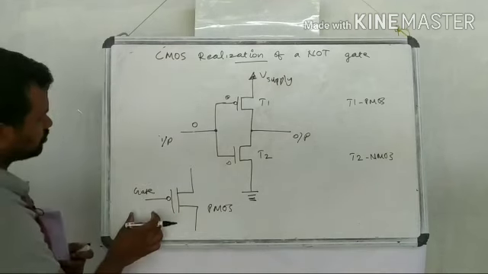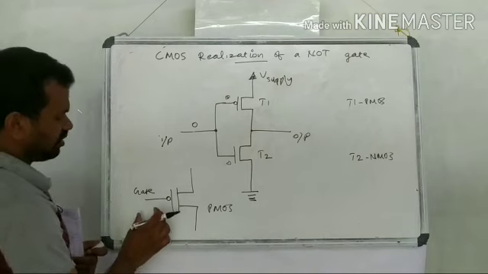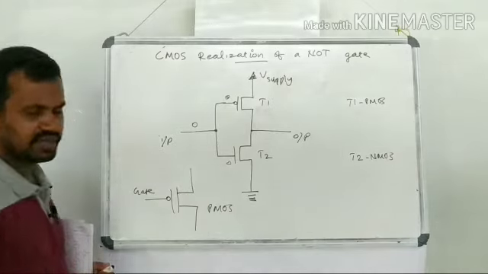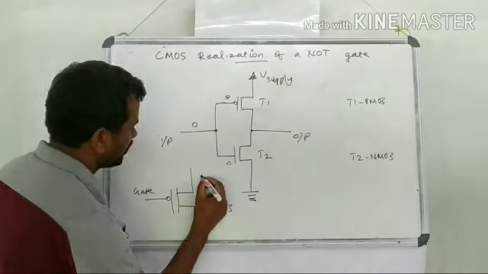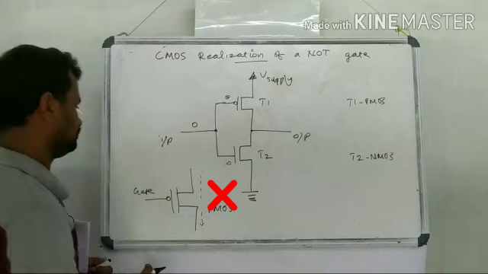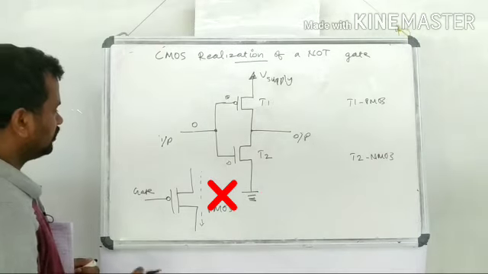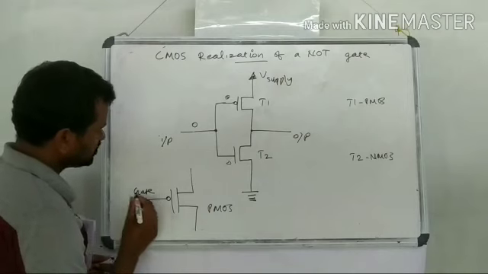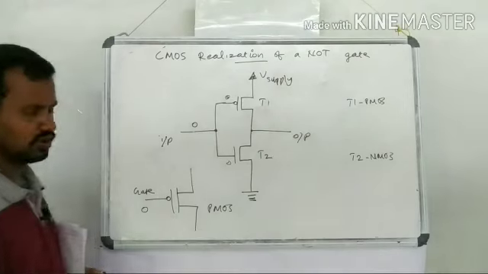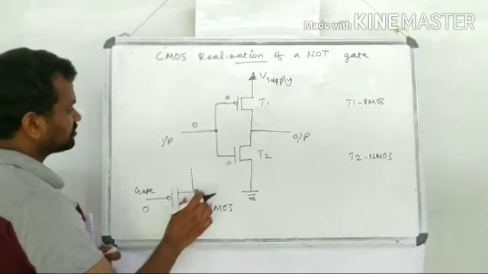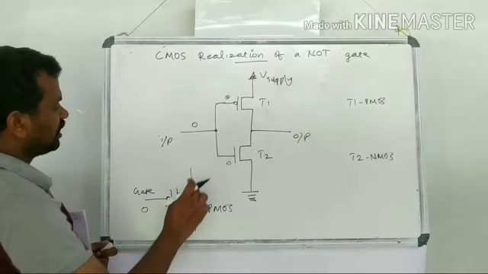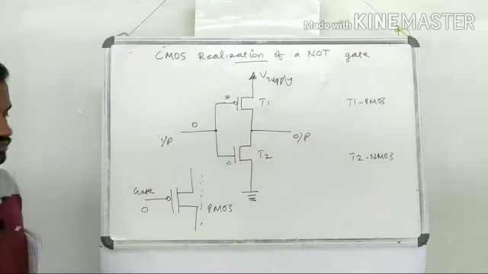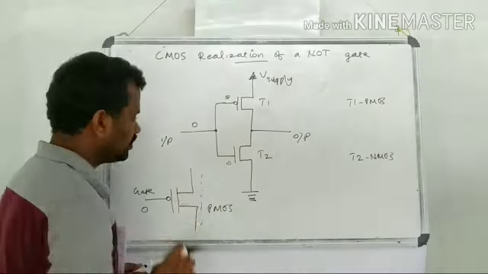So whenever the gate input is 1 or high voltage, then this transistor will be turned off and there is no path from this to this. Then when the value at the gate input is logic 0 or low value, then this transistor will be turned on, and this will become connected. Okay, that's about the PMOS.